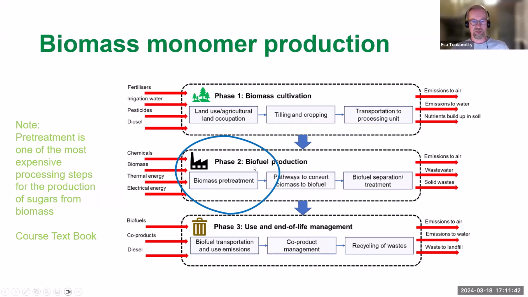And regardless of what we are making, if there is a production or manufacturing process that is converting something, that applies at least to the chemical industry. So there is the actual conversion step, but before that there is so-called upstream processing, and in this graph it means this biomass pre-treatment.